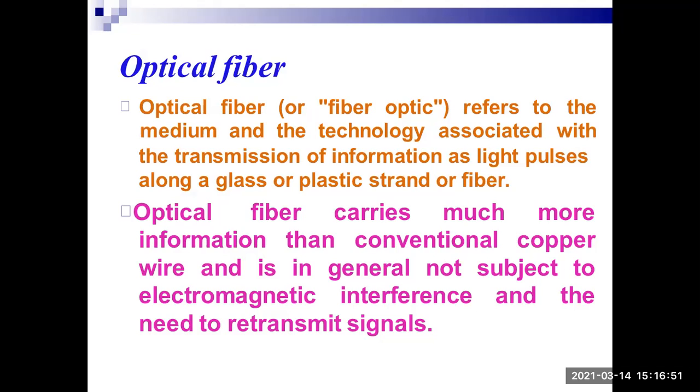This phenomenon can also be defined as a transparent, dielectric medium which transfers the signal from one end to the other, with the signal in the form of light, either visible light or infrared light. Now this is the definition, so we understand what the meaning of optical fiber is.